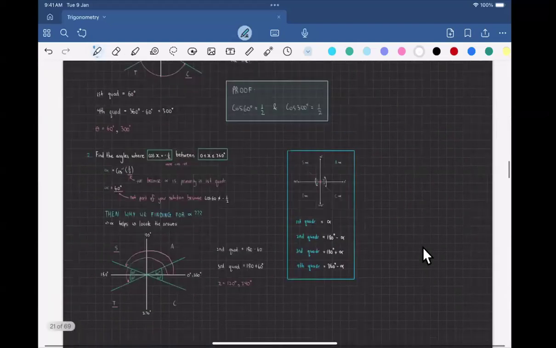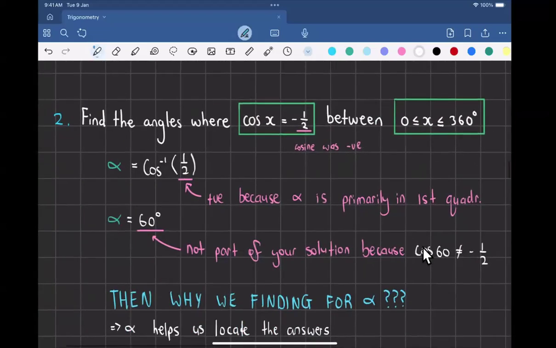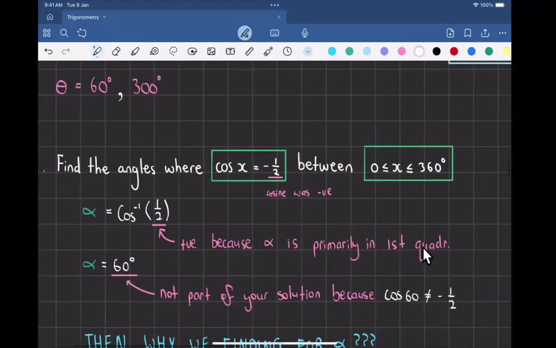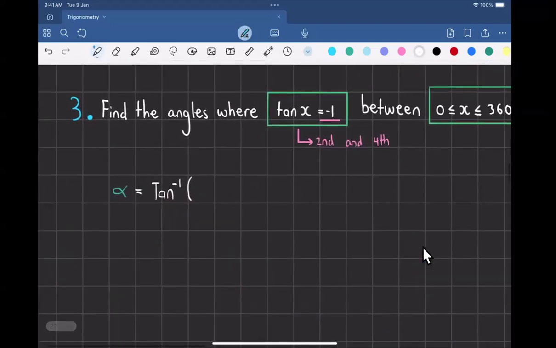Yeah, I want you to recall, Kirsten. Look how I said here. Positive, because it is primarily in the first quadrant. Alpha has to always be positive. Look at the previous question. It was cos x is equal to negative a half, but I found cos inverse of a positive a half. So be very careful.